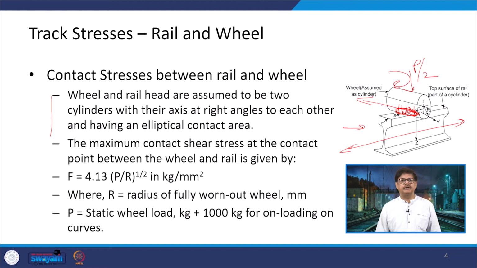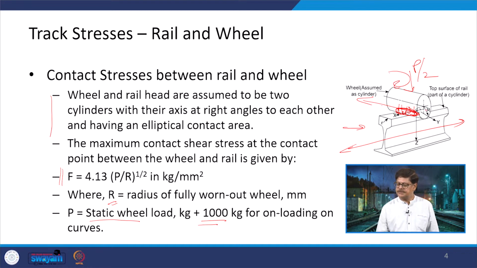Now, the maximum contact shear stress at the contact point between the wheel and the rail is given by the equation F equals 4.13 multiplied by the square root of the ratio of P and R. Where P is the static wheel load, and this static wheel load is enhanced by 1000 kg or 1 ton for an overloading on the curves, and R is the radius of the fully worn out wheel.